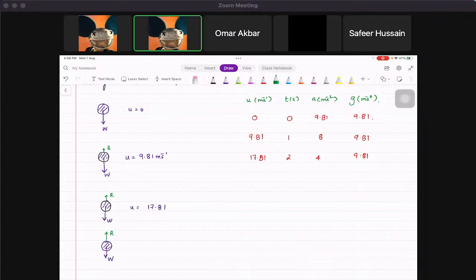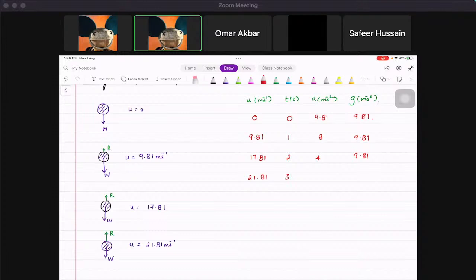So the new velocity is 17.8 plus 4, which would be something like 21.81 meters per second in the third second.